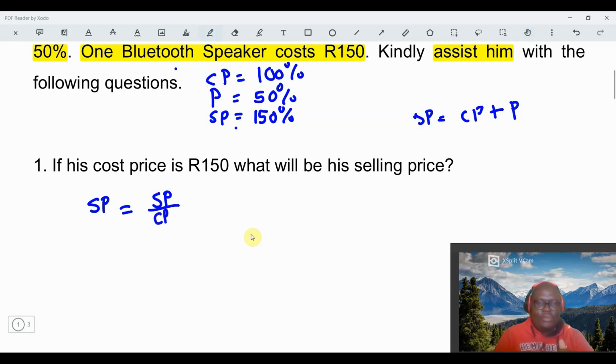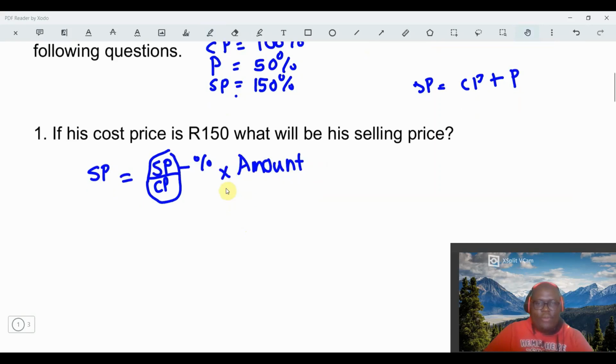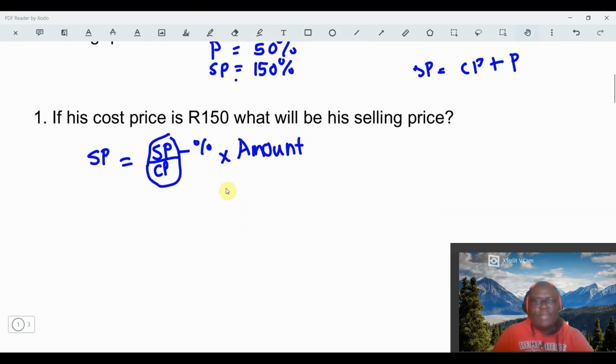But in this case, on this element, we are working with percentages. We only use percentages, right? We don't use the exact amount. And then what you've got here, you multiply by your amount given, right?